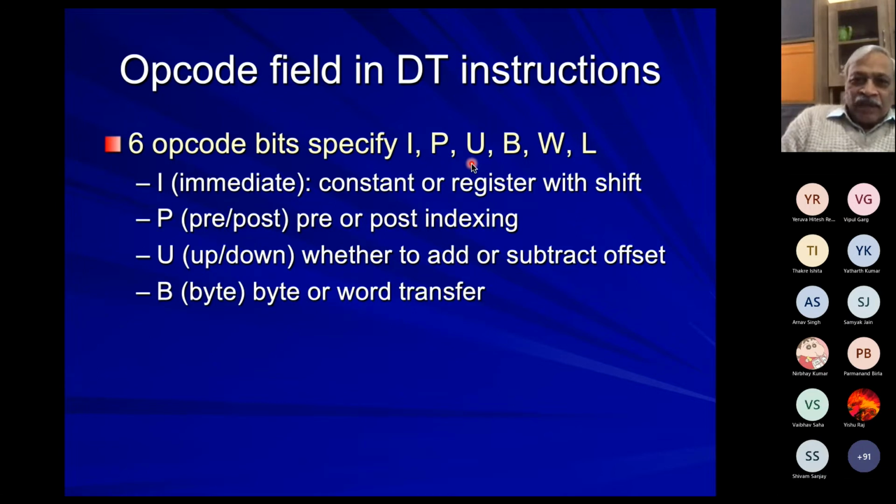Bit B indicates whether you are talking of loading and storing of one byte or an entire word. Although at assembly level, these may appear as different instructions, LDRB and STRB are load store byte, in terms of format they are all unified. It is just this bit which distinguishes LDR from LDRB and STR from STRB.